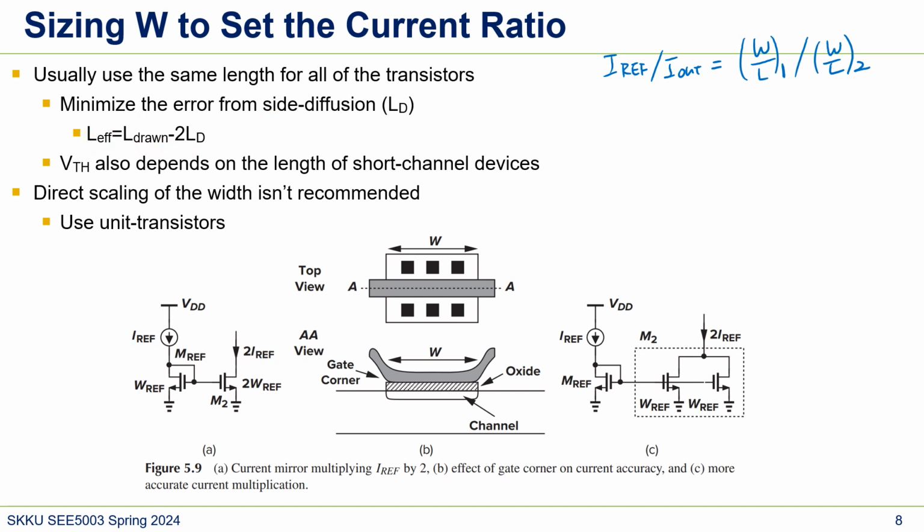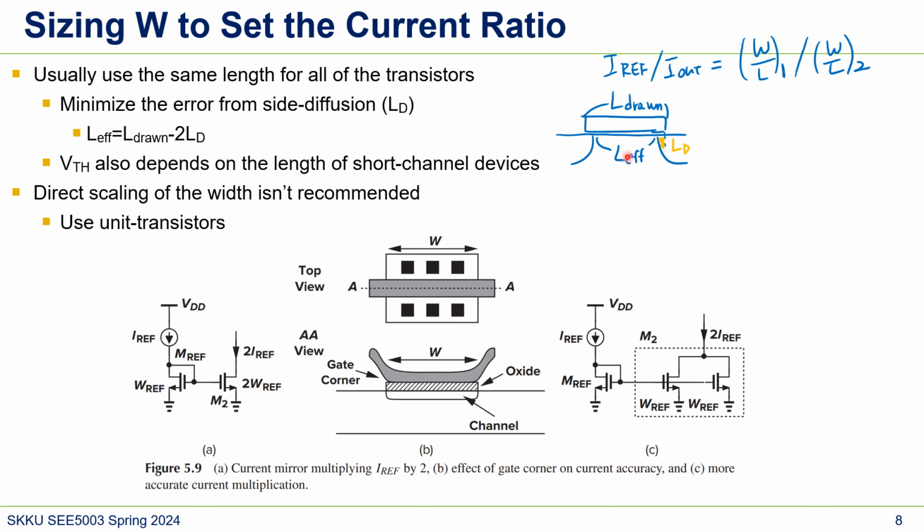So what it means is, when we draw a transistor, this is L drawn. And L effective is here. This is L effective, and this little tiny part is L diffusion.